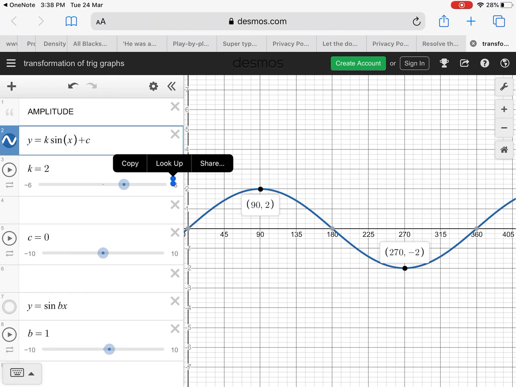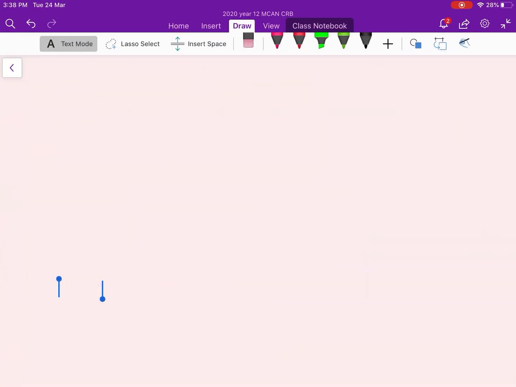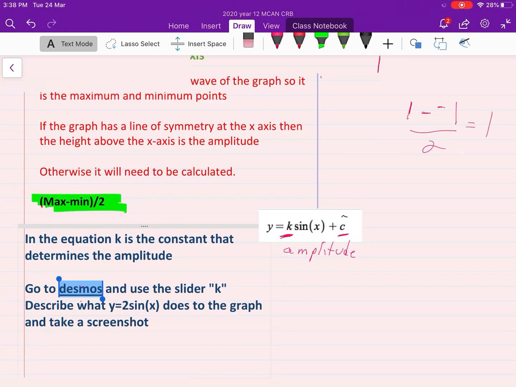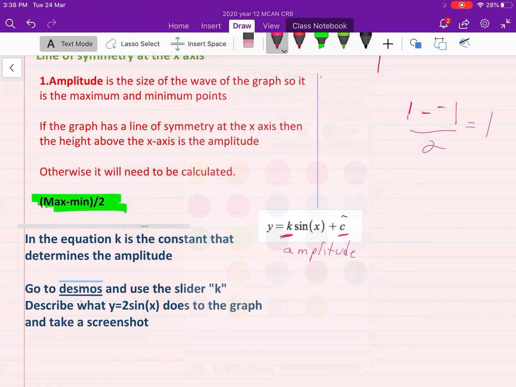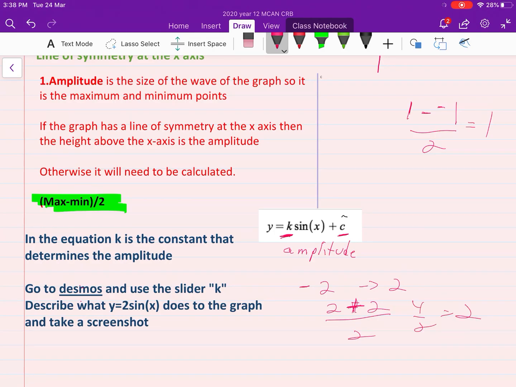You could say it goes from negative 2 to positive 2, right? If you wanted to calculate it, you go max minus the minimum, which is 2 minus negative 2, which is 4, divided by 2, which is 2. That's the amplitude. So that number in front tells me what the amplitude is going to be.